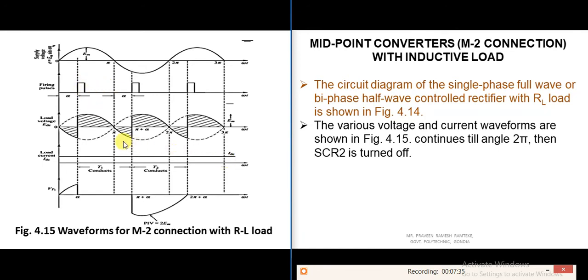So the name is given biphase half wave control. Biphase means positive half cycle as well as negative half cycle, and half wave means for positive half cycles we will get output, for negative half cycles we will get the output. For both the phases, positive as well as negative, we are getting the output, and hence it is termed as biphase.